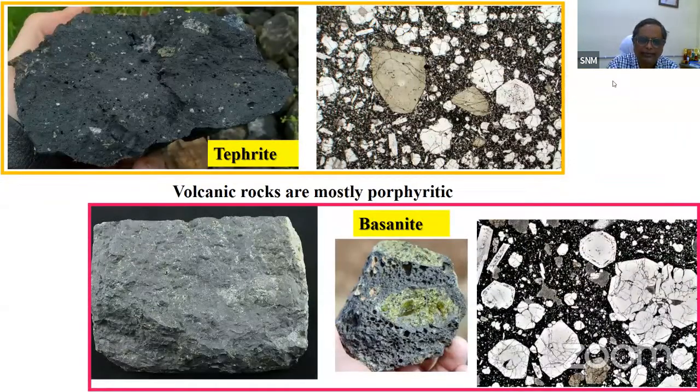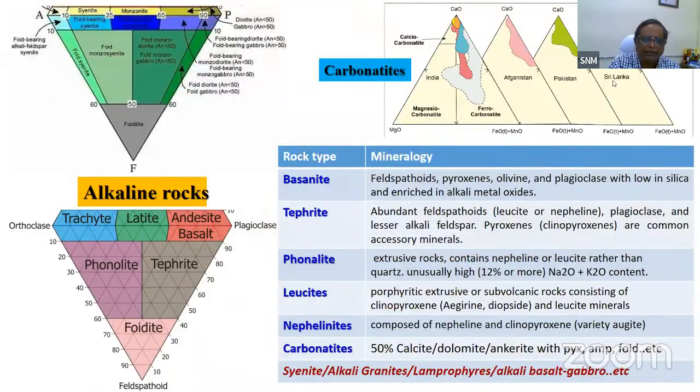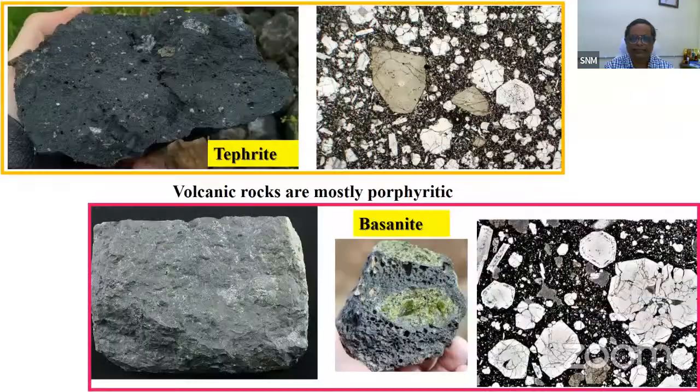Now, to understand, one typical character of the volcanic alkaline rocks is that they are normally porphyritic. We will find the porphyritic nature very significant in the case of volcanic alkaline rocks, as I am showing in the photographs.